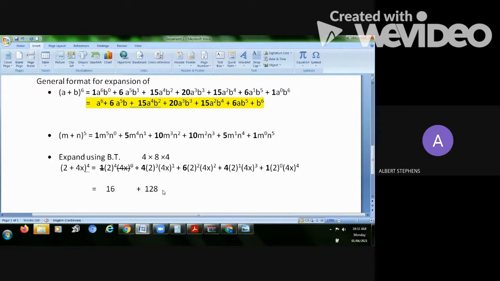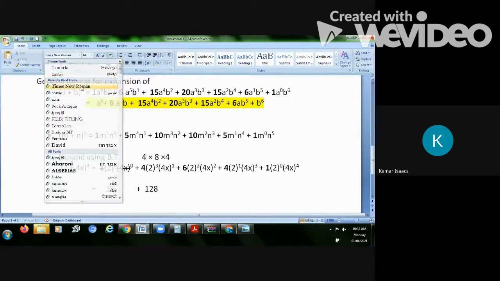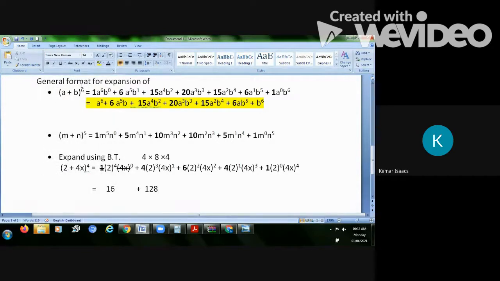All right, let me see if we can make this x look like a real x, because I don't want my x to look like that multiplication sign.